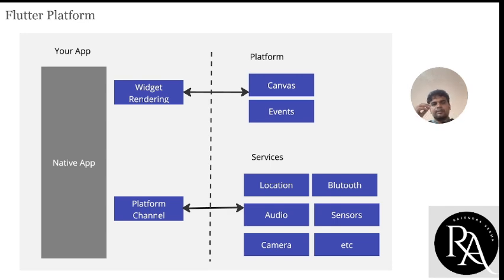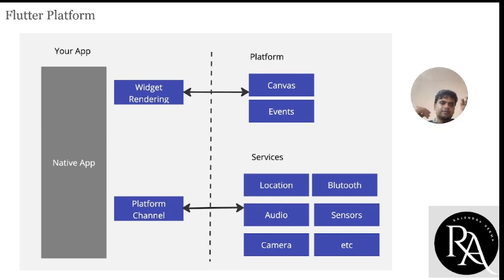So here the app is directly drawing the widget into the canvas, and it directly communicates the events, irrespective of the platform. It can be iOS, Android, Windows, or any platform. In the case of Flutter there is no intermediate; the communication is direct, and it is two-way.